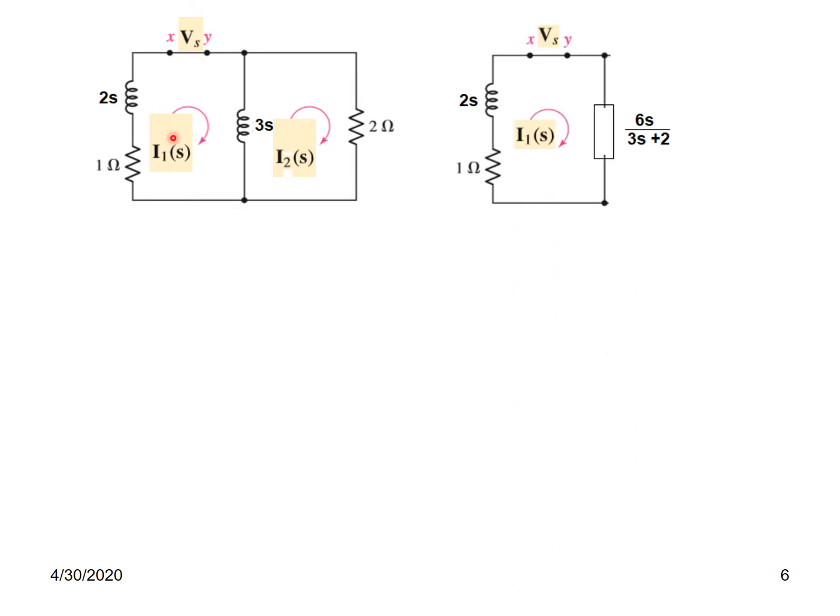Now, since we are interested in I1(s), we'll combine these two, and this will form 6s divided by 3s plus 2, solving these two in parallel. And now from here we can find I1 as V over the impedance. So V over this total impedance, 2s plus 1 plus 6s by this term.